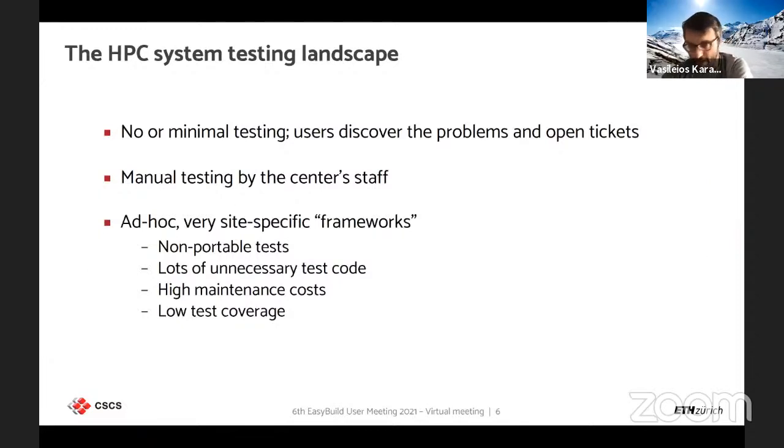So what is, or what has been until recently, the HPC system testing landscape? Either there was no or minimal testing. So whenever there is an upgrade, we just go on with the upgrade and let users discover problems and open tickets, and we solve them on the fly.